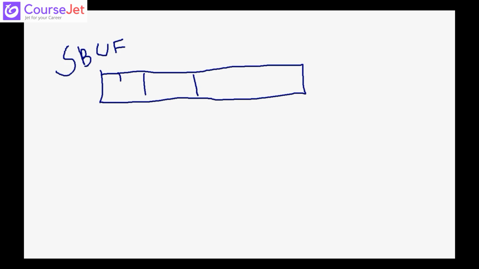Your register will be loaded and it will be transmitting 1 bit by 1 bit. When you transmit it 1 bit by 1 bit, your SBUF register becomes empty. That means your data has been transmitted. And when you are receiving data, you will be receiving it here 1 bit by 1 bit.